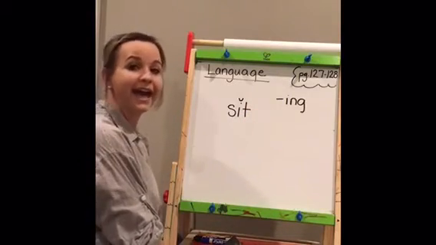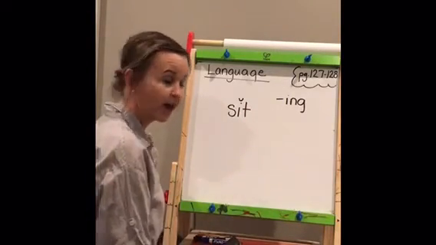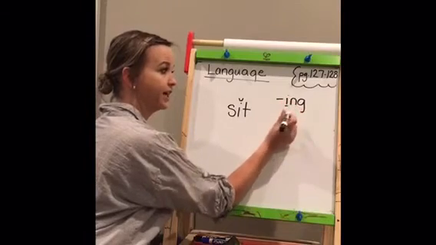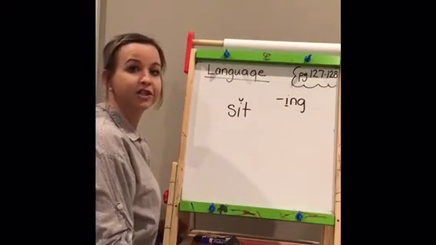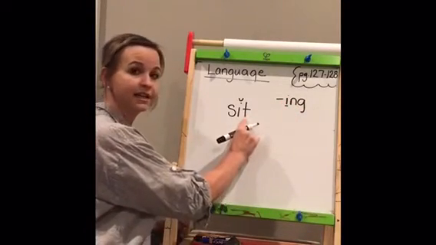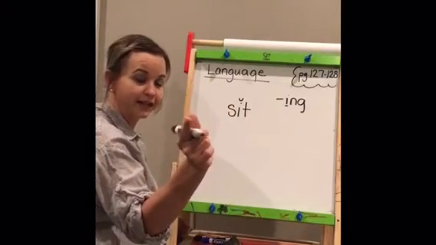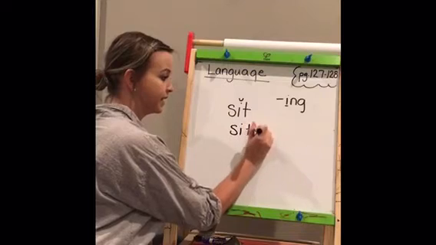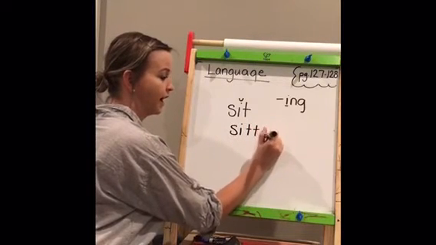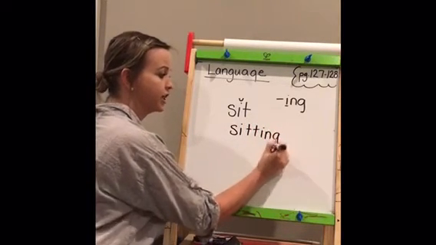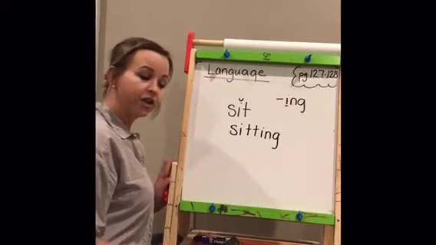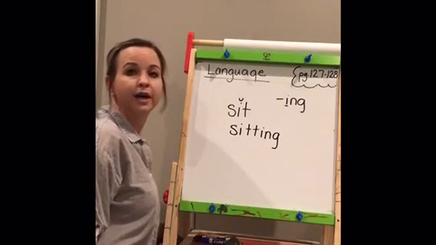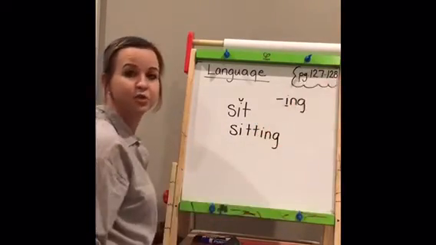And I want to add a suffix that starts with a vowel, just like this is a vowel right here, okay? I have to do what to this T? I've got to double it. It becomes S-I-T-T-I-N-G. Very good, guys. You're going to see that on your worksheet as well on page 128.